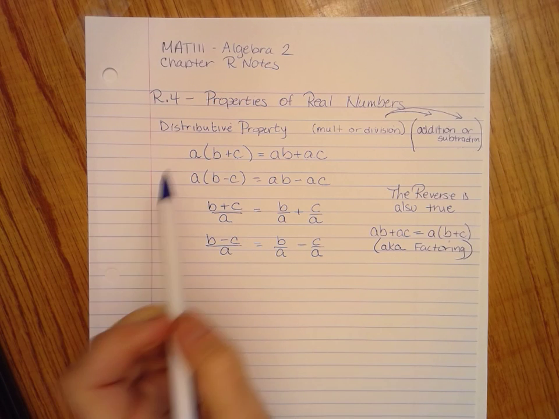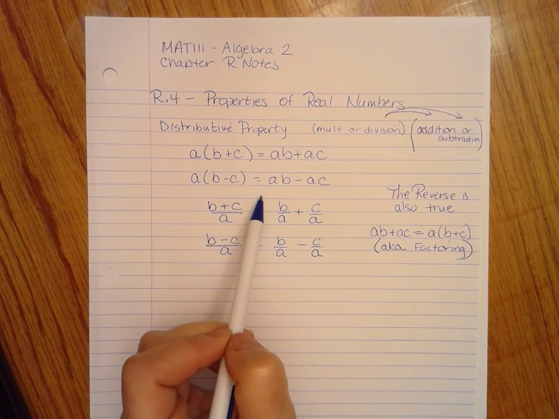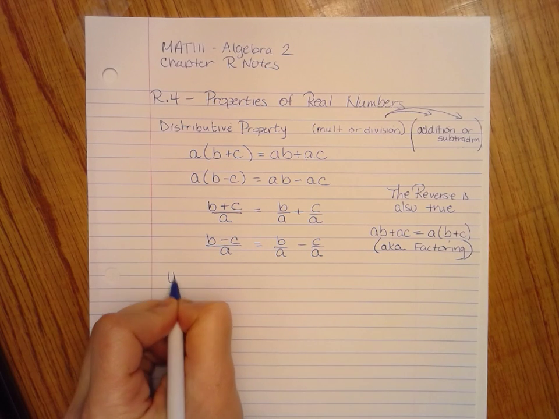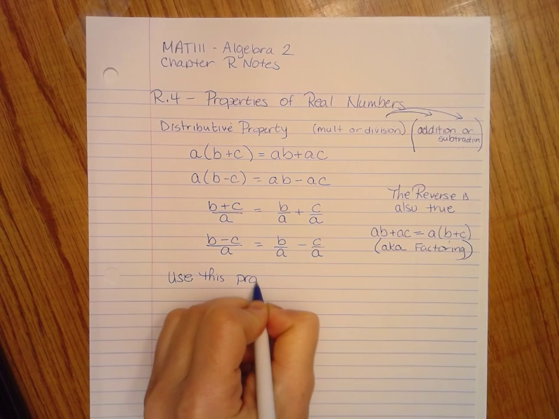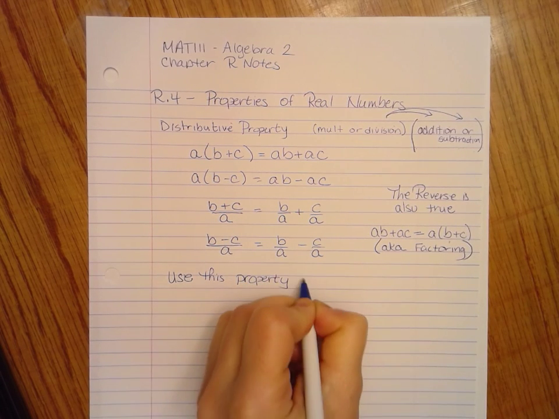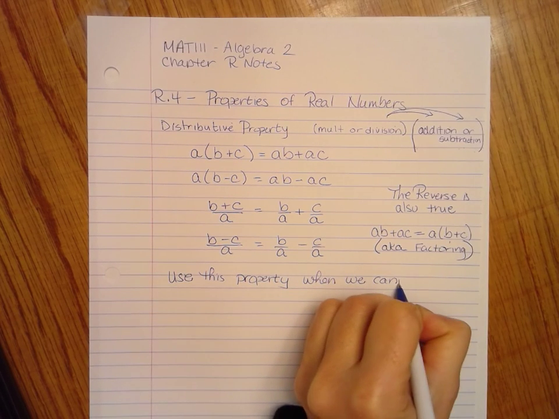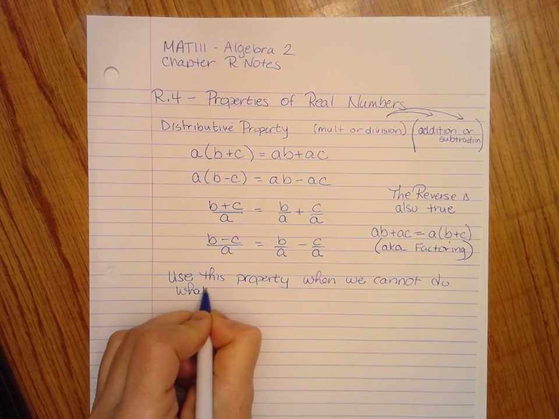We can extend it to a string of additions and subtractions inside, or things that get a little complicated. So we're going to use this property when we cannot do what's inside the parentheses.